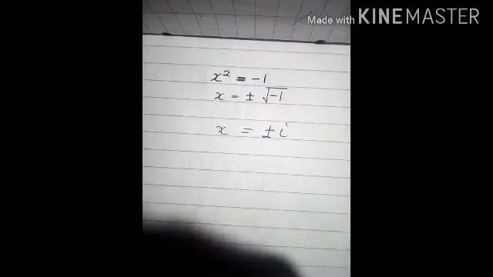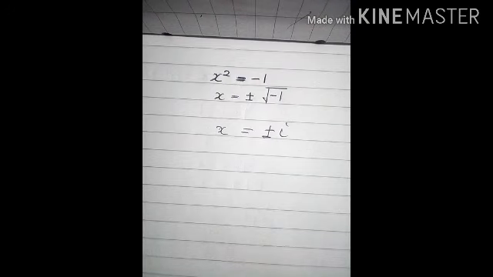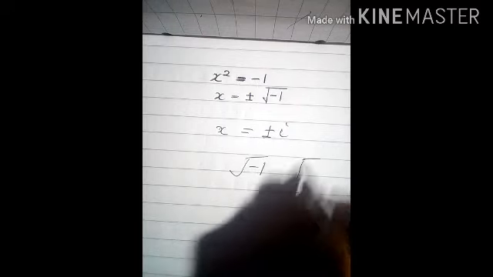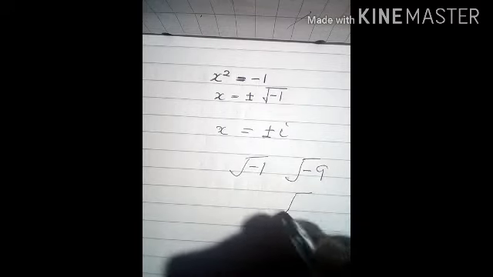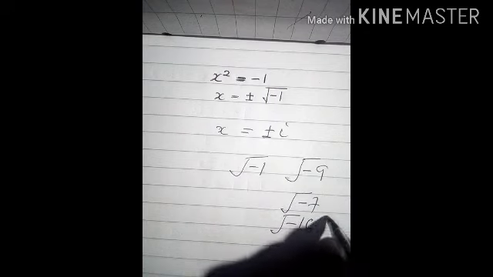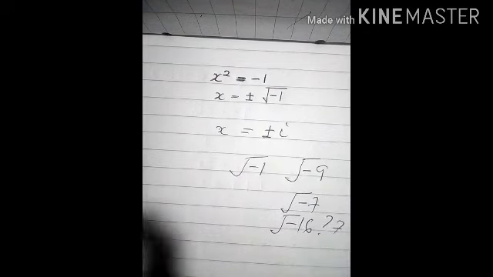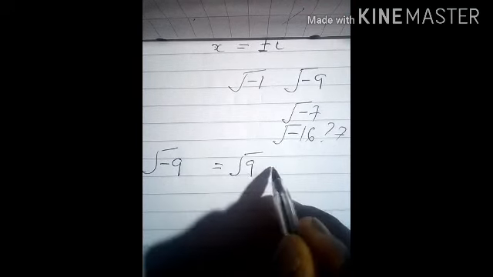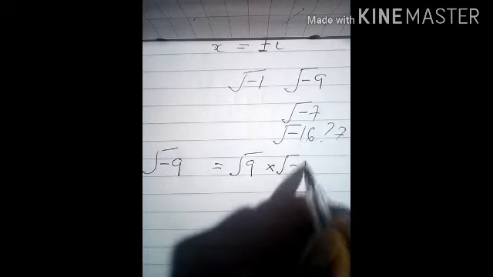But wait, we understood the concept of the root of negative 1. What about if you are given root of negative 9, root of negative 7, or root of negative 16? What are you going to do? If you truly understood the concept from above, then this should be very easy for you to solve. So let's solve accordingly. Root of negative 9 should be equal to root of 9 times root of negative 1.